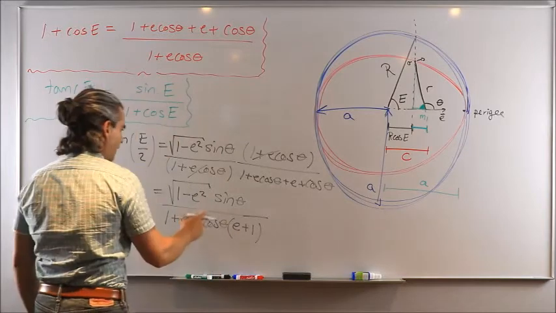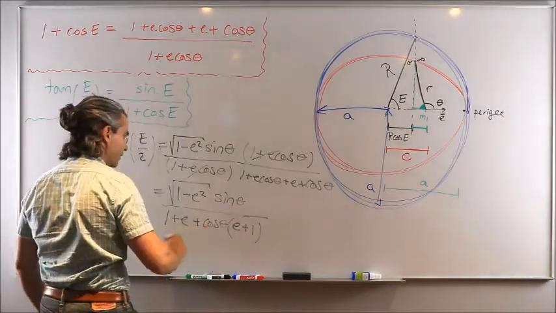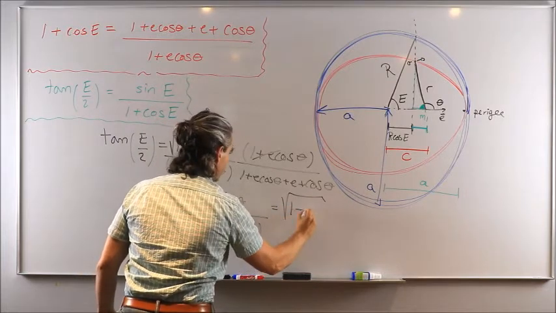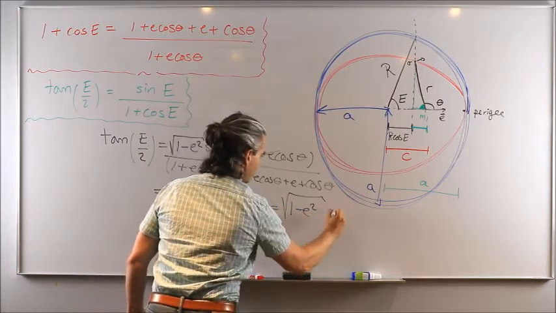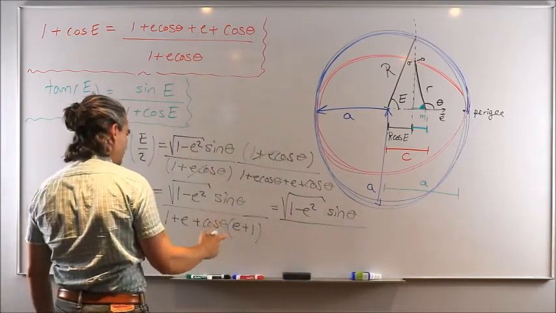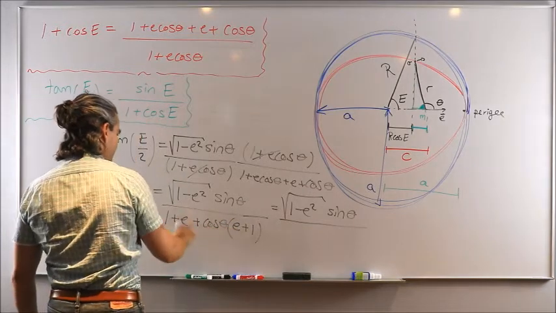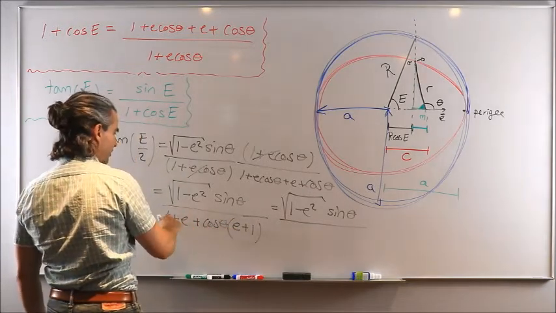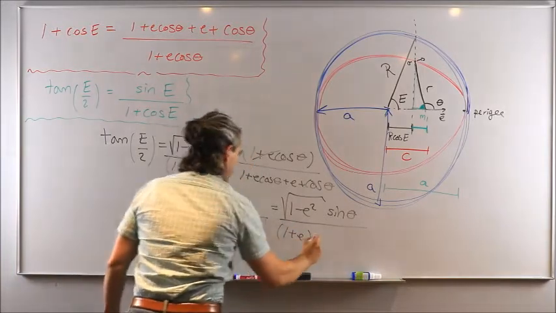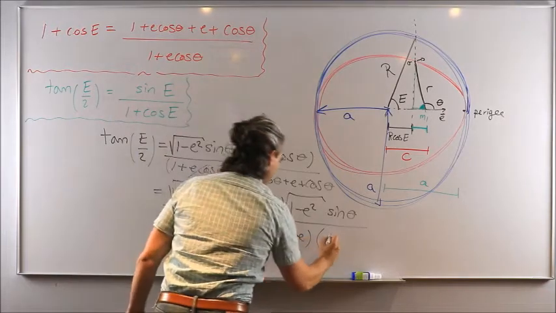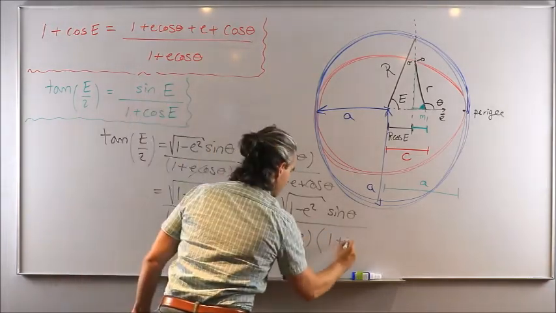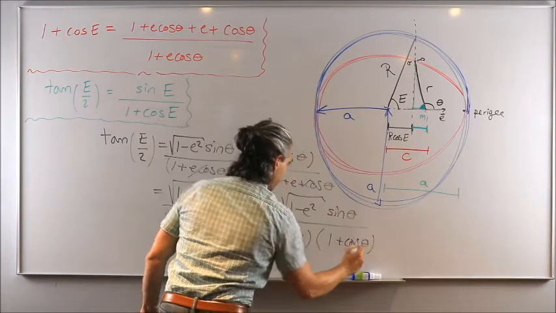Okay? And now I'm going to keep playing with my denominator here, not touching the numerator on the top. In my denominator, I'm going to factor out 1 plus eccentricity, so 1 plus e times 1 plus cos theta. Okay? Just like that.